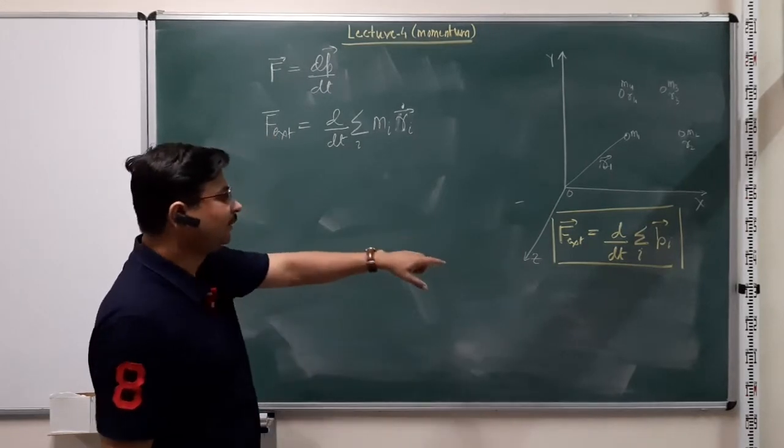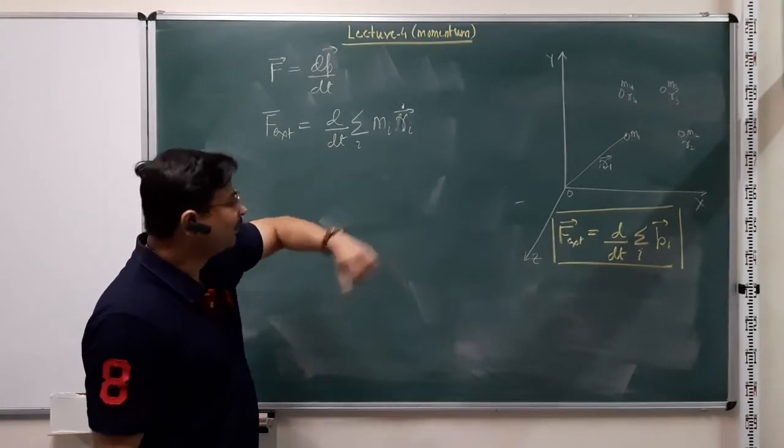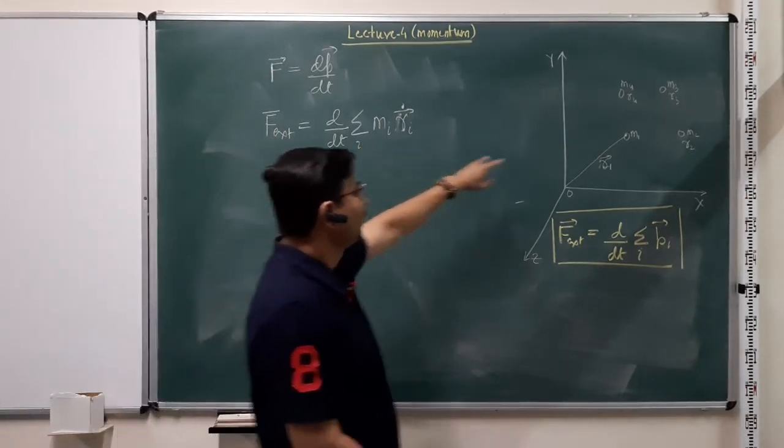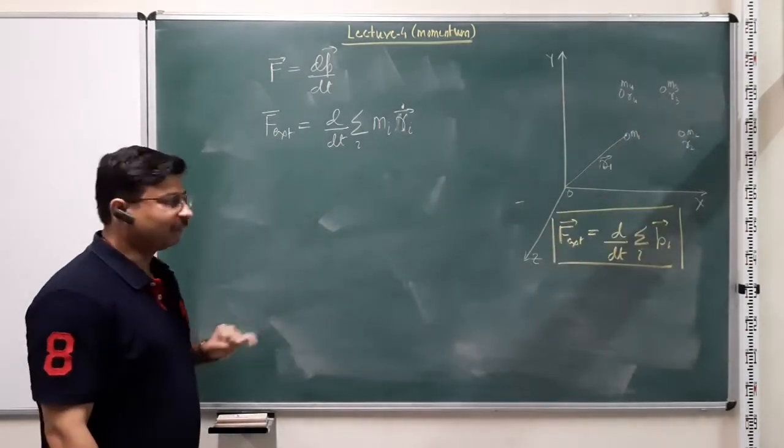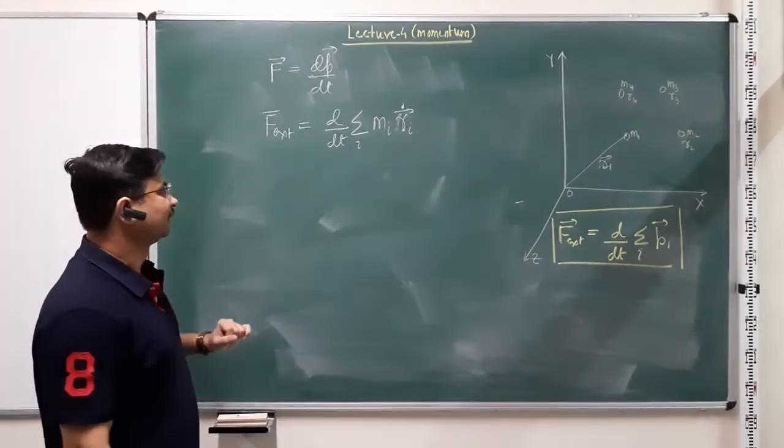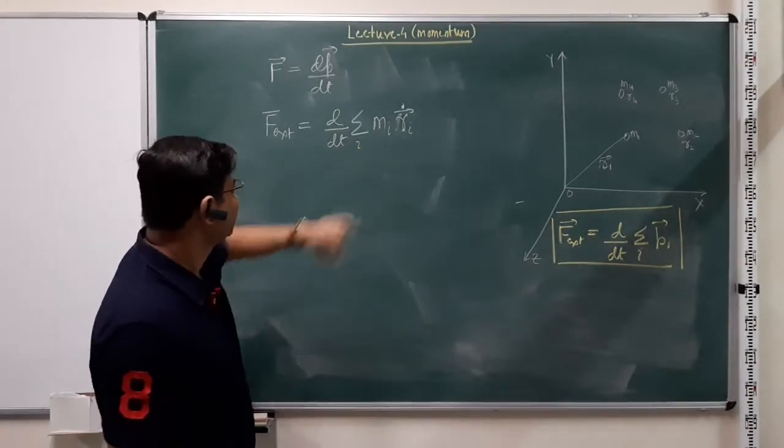I'm writing momentum P as mv, where v is simply r_i dot. Here m_i are the masses of the individual particles, and r_i are their position vectors, so r_i dot is their velocity vector. So far this is correct, right?